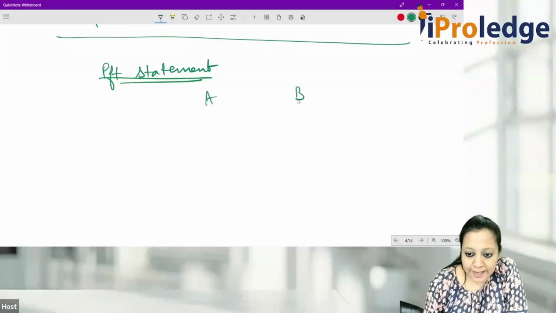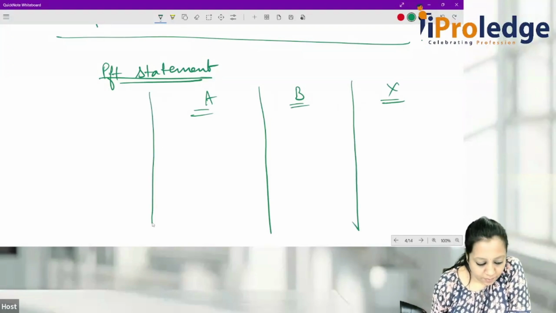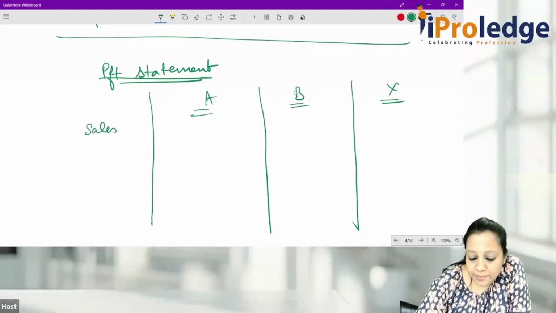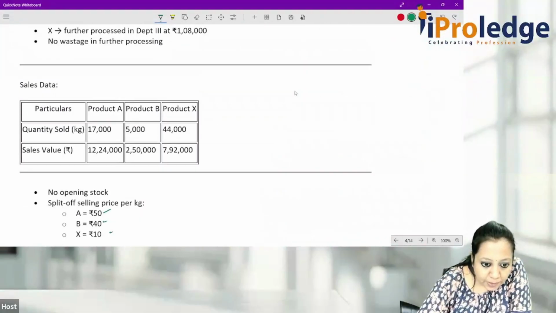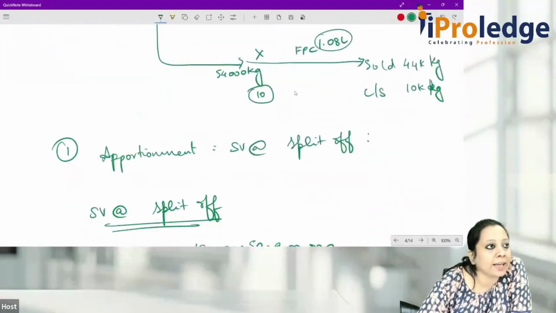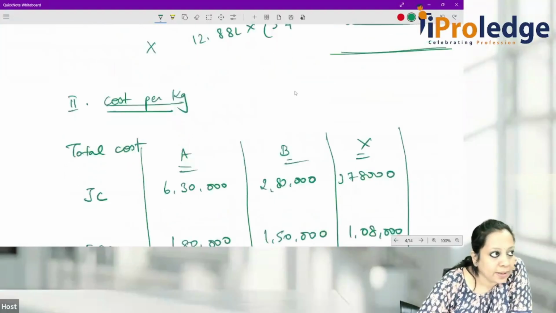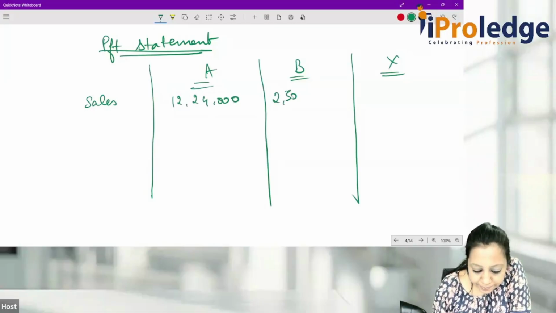So A, B, and X. Sales value was given in the question itself, in the table: 12 lakh 24,000, 2 lakh 50,000, and 7 lakh 92,000.